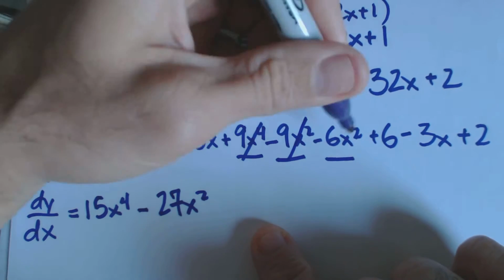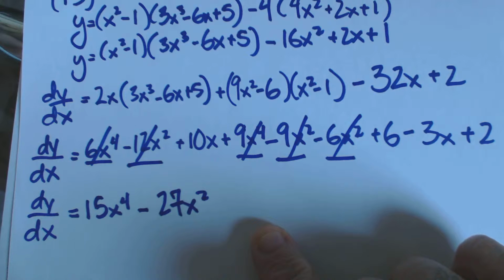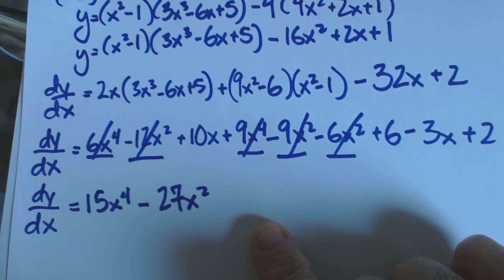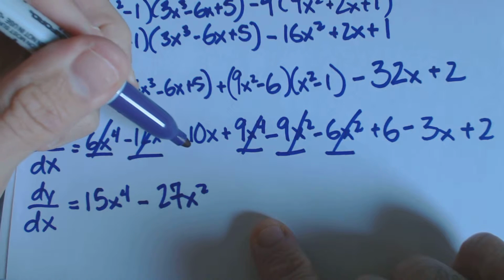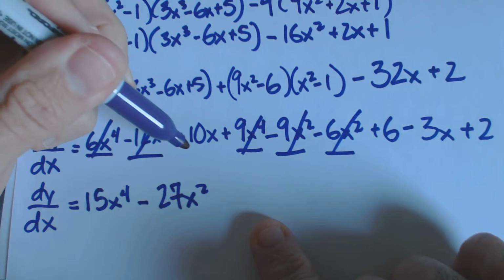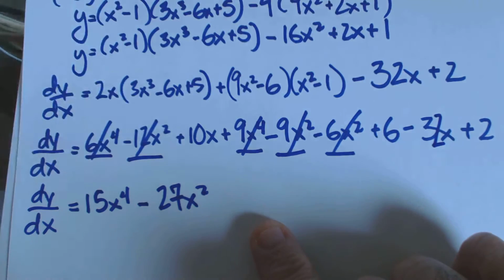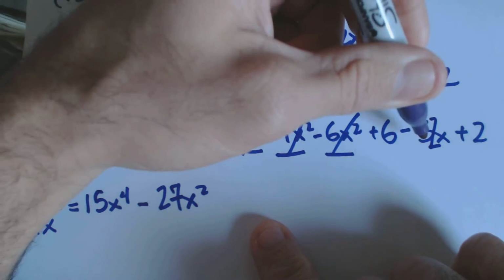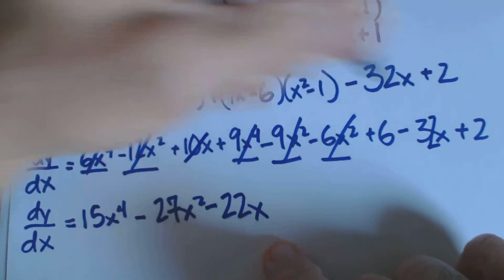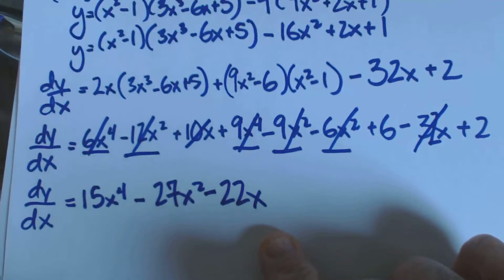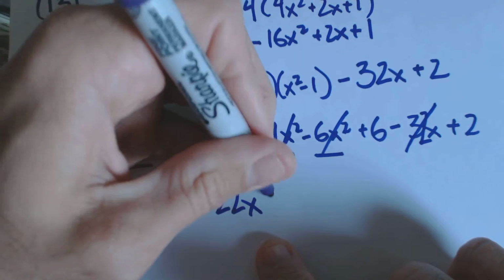Let's get rid of those so it's easier to identify the rest of the terms that we're looking for. So now we have a 10x here. This is 32x. So 10x minus 32x is negative 22x. And then we've got 6 plus 2, which is 8.